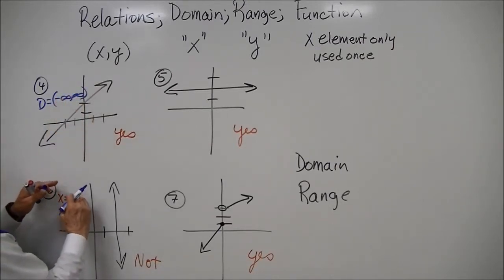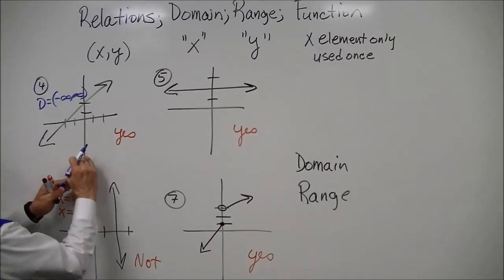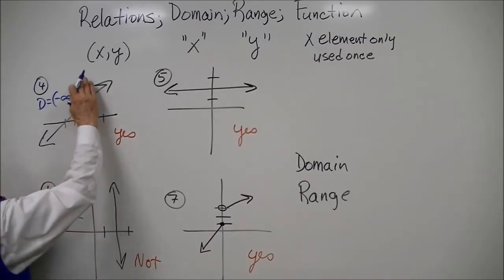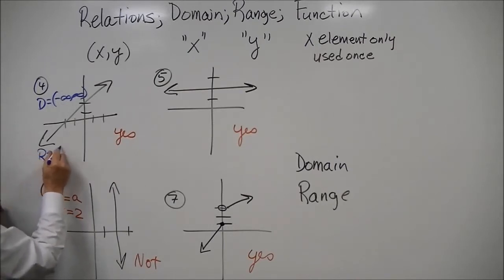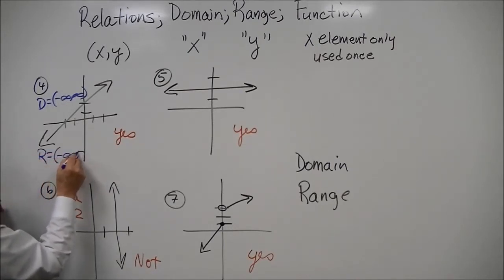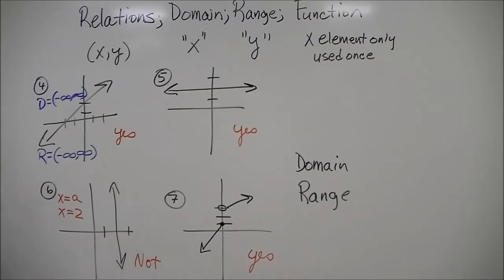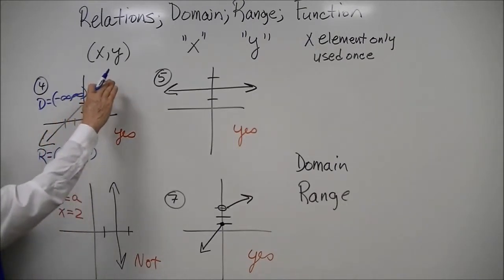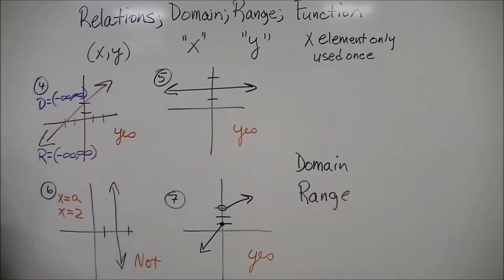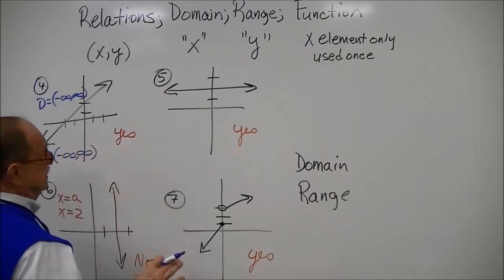And since it's coming up from negative infinity for y values all the way up, its range is also from negative infinity to positive infinity. And that would be true if it were negative slope as well. This is positive slope, negative slope.